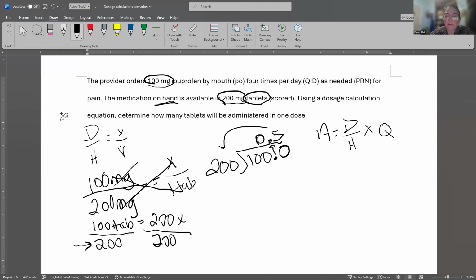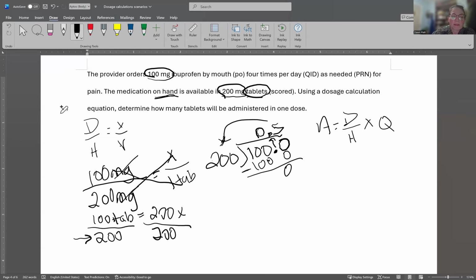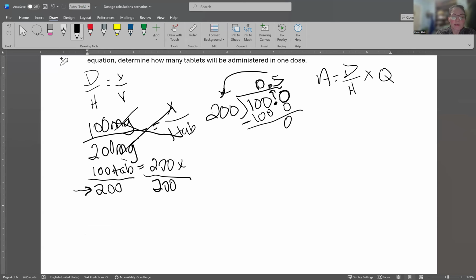Again, multiply it by 200, which you get 1,000. Subtract, and you have 0. So your answer to this right here is 0.5 tab equals X, or a half a tab.